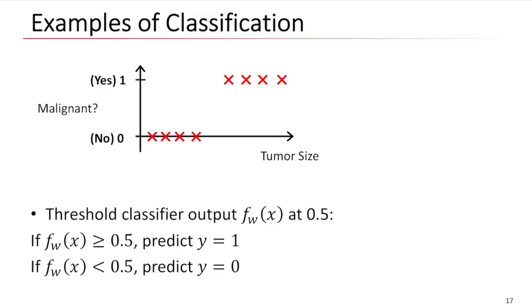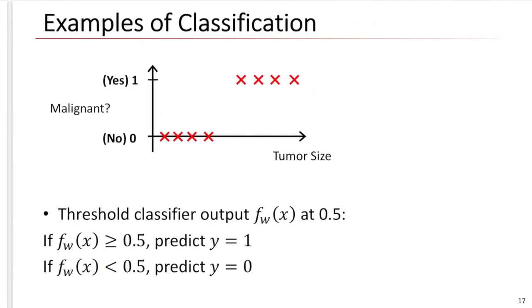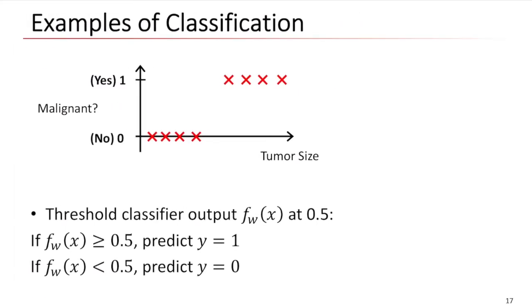Let's think about predicting a tumor in this case. Let's say we have training samples like this. There are 8 training samples, right?